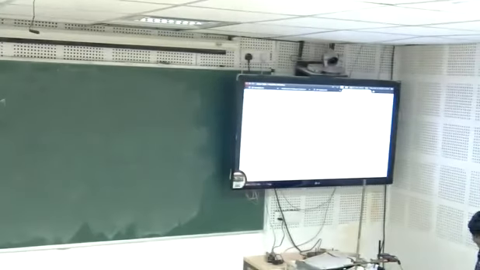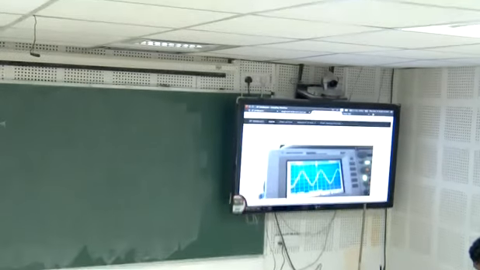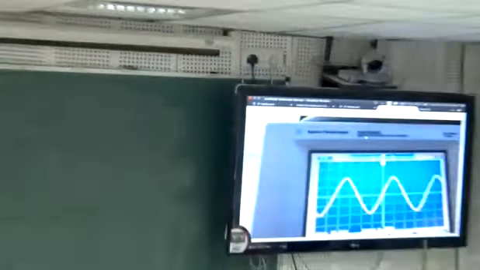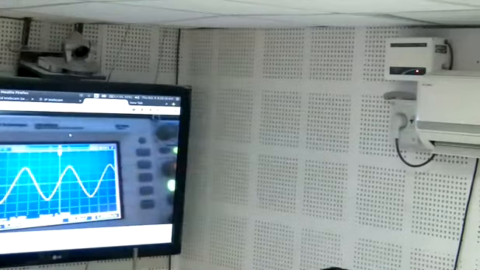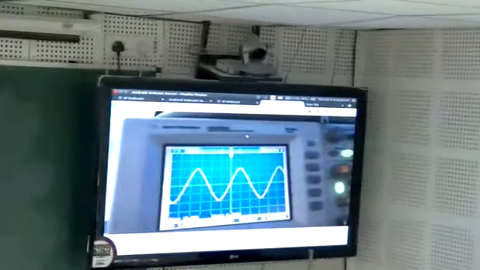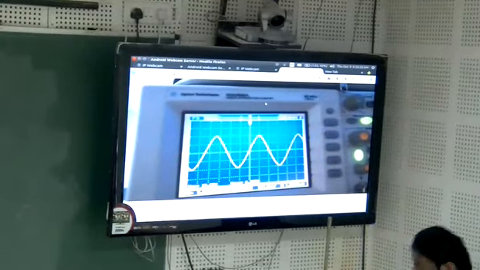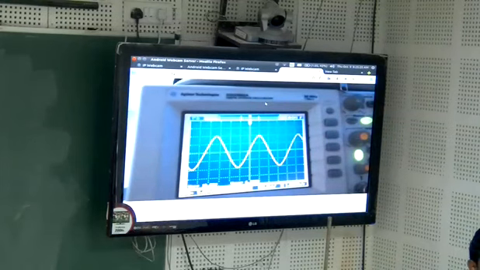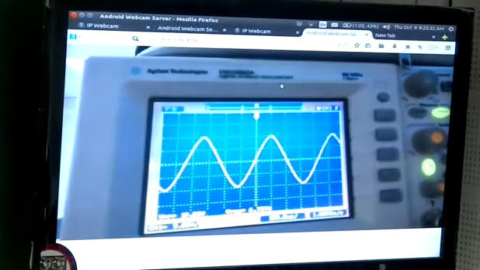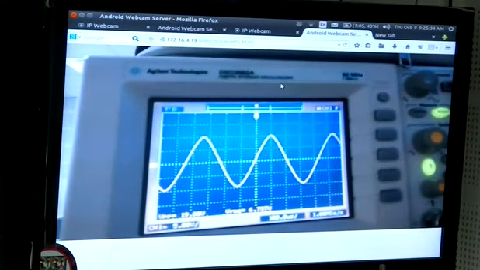Before we look at the circuit itself, okay, so try to see what is there on the screen here.